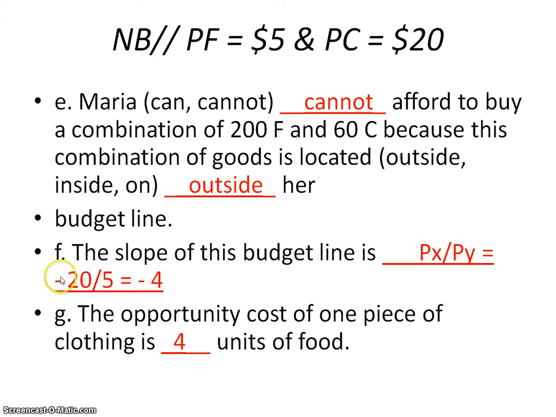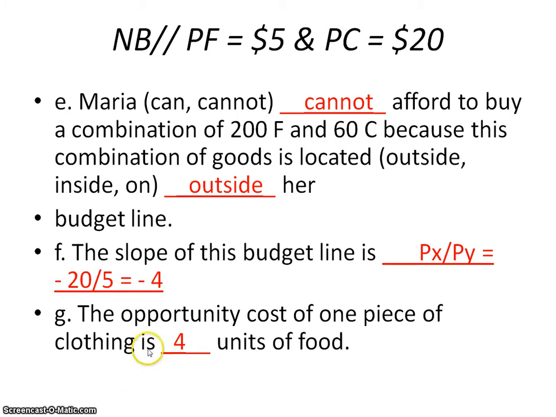The negative sign arises because the budget line slopes downward from left to right, and therefore the value will always have a negative coefficient. So 20 divided by 5 is 4, and our answer is expressed as -4. That is the slope of our budget line.